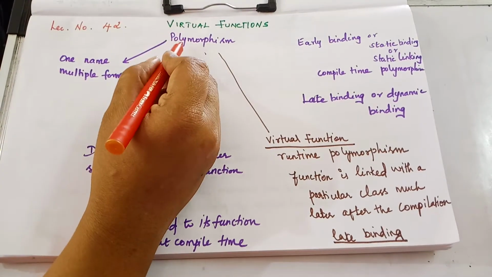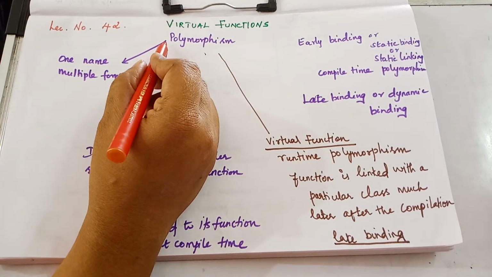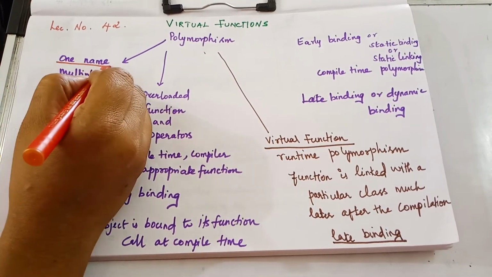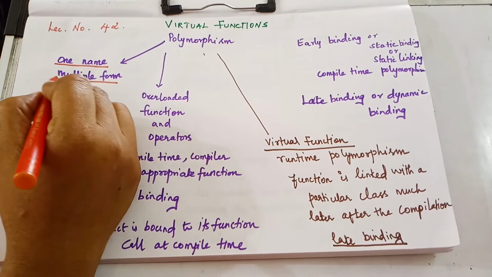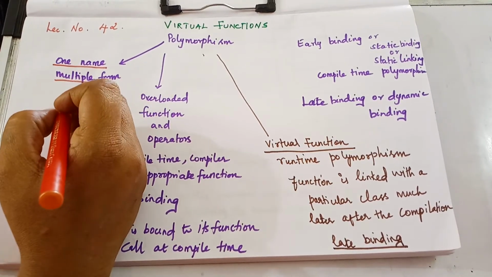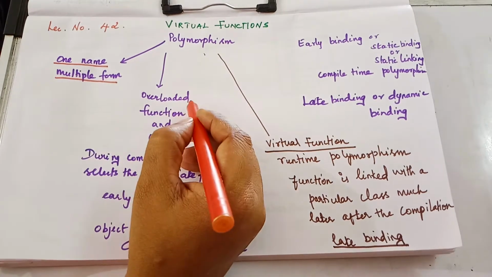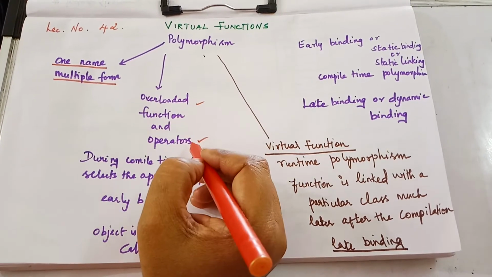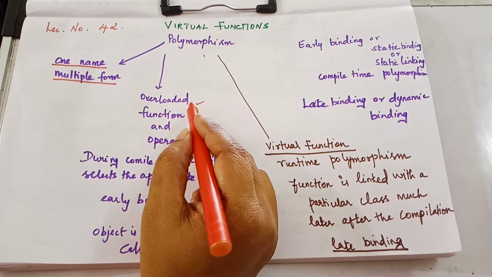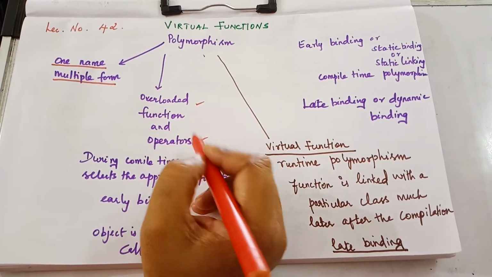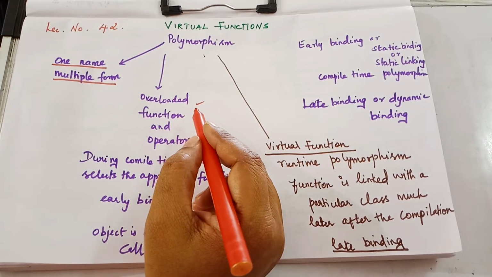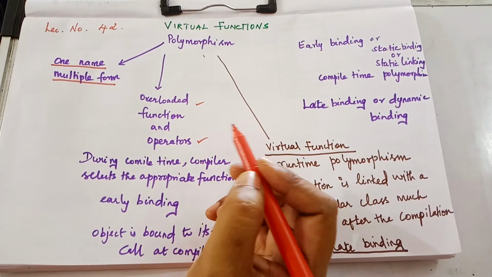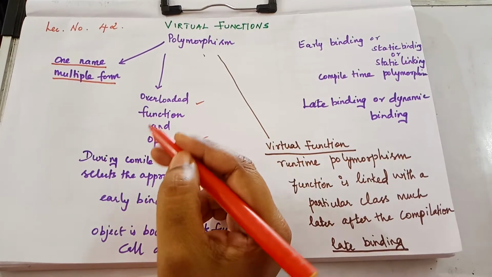So this is coming under polymorphism. Polymorphism is nothing but one name and multiple forms. Under this category, we have discussed so many concepts like overloaded functions and overloaded operators. Overloaded function means it consists of different data types or different numbers of arguments, but in the same name.